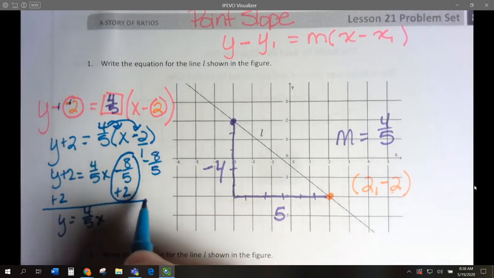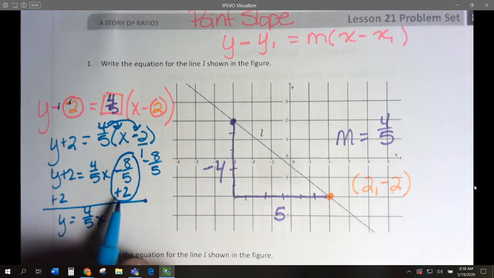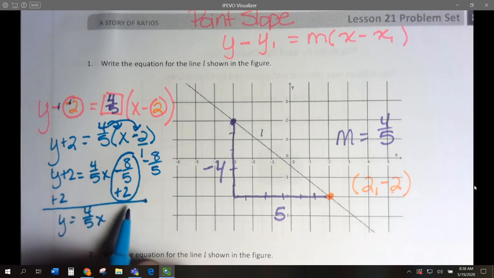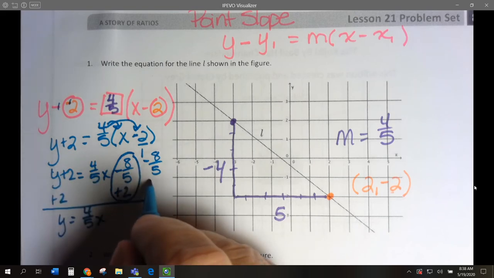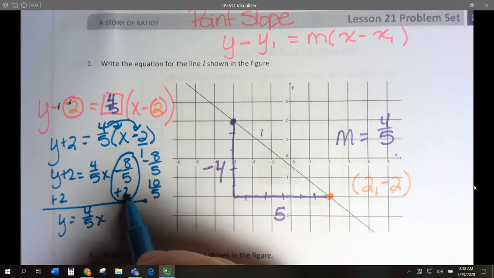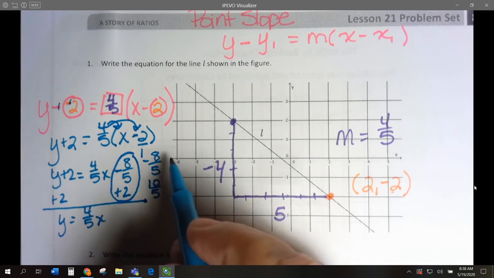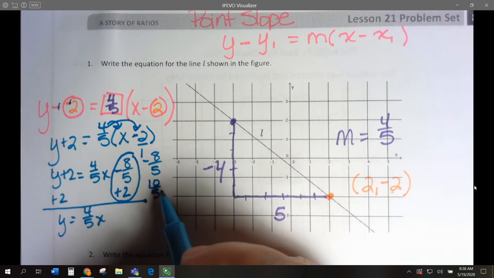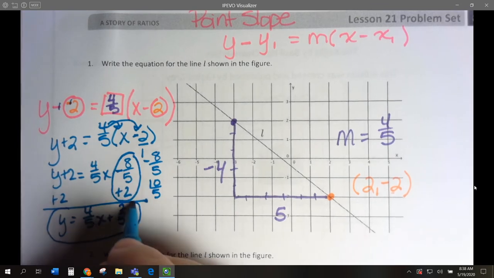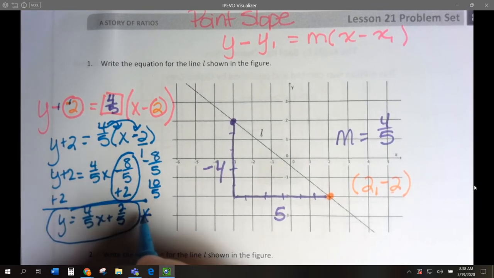And 2 is 2 over 1, but we want 5 as the denominator. So 2 is the same as 10 over 5, right? 10 divided by 5 would be 2. So a -8/5 and a positive 10/5 would give us a 2/5. And there's our slope-intercept form.